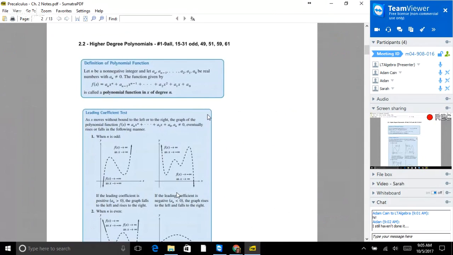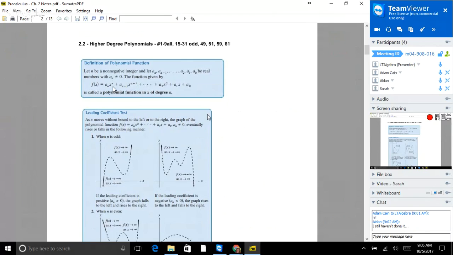A quadratic is a type of polynomial. The quadratic's highest power is the second power, but we can have polynomials up to any degree. So we have this standard format here up to the nth degree. Most of the polynomials we'll be dealing with are up to the 5th or 6th degree, but you could have a higher degree polynomial than that if you really wanted to.